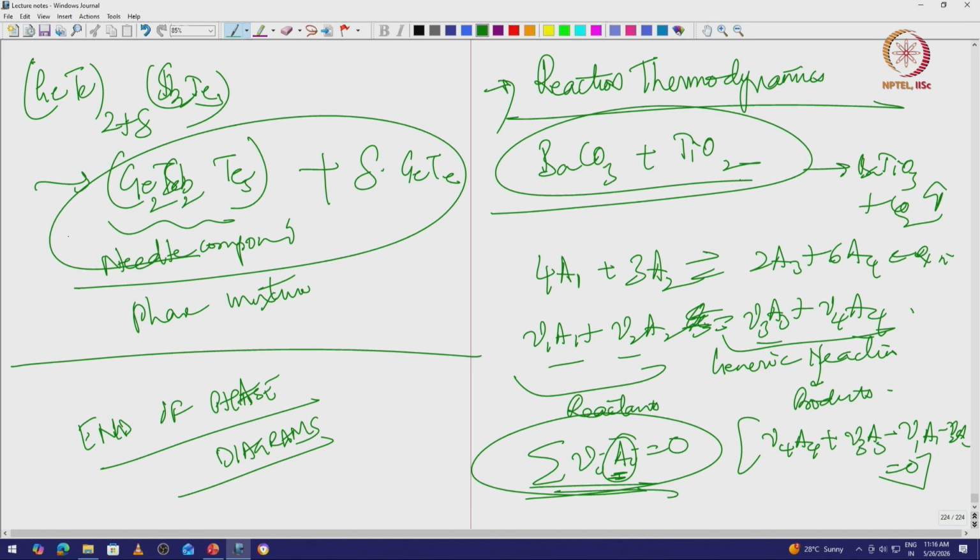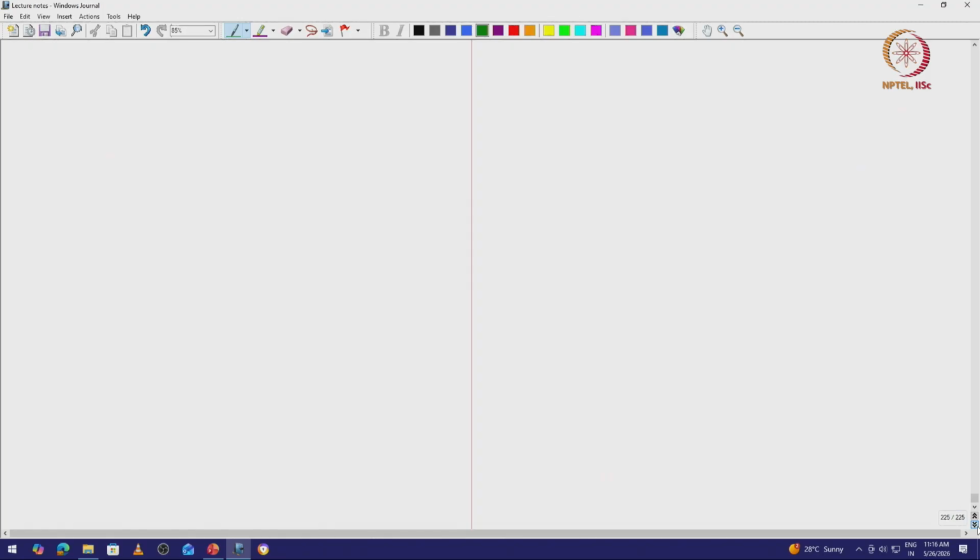Okay. All right. So now when the reaction is progressing, right, I am going to define what is called a progress variable of a reaction, lambda. Which means, let us say the reaction has progressed forward, right.